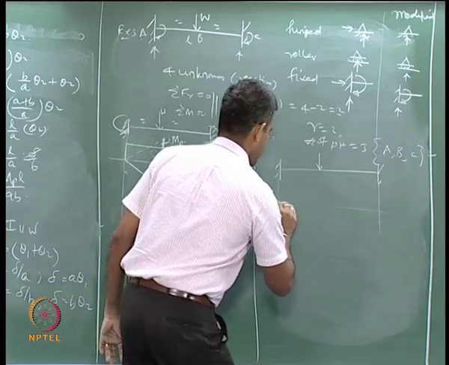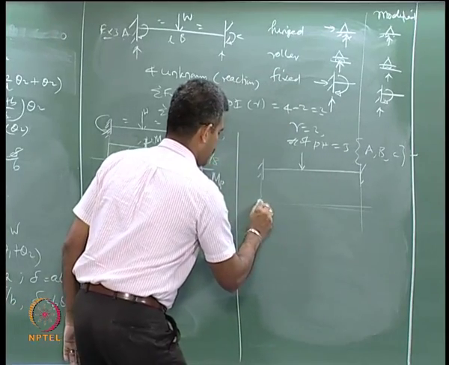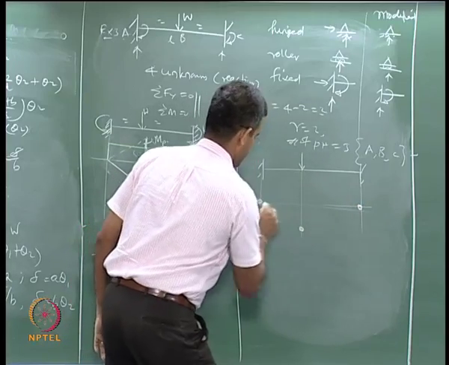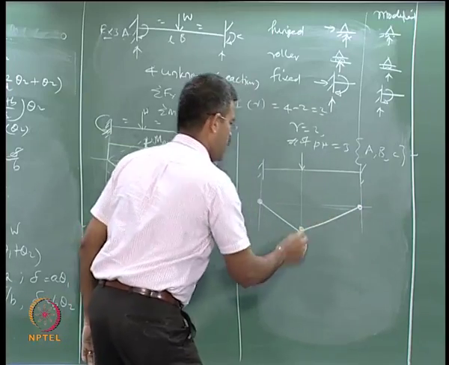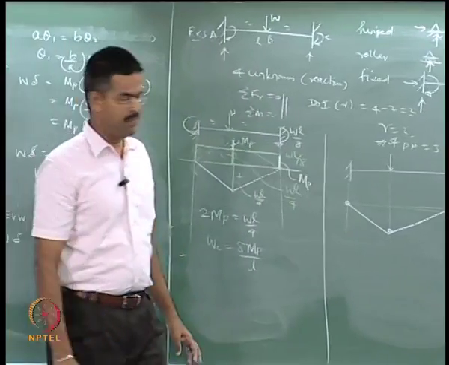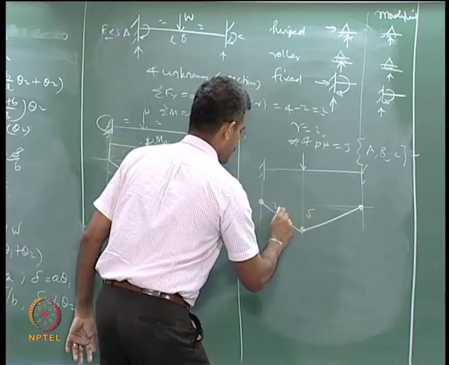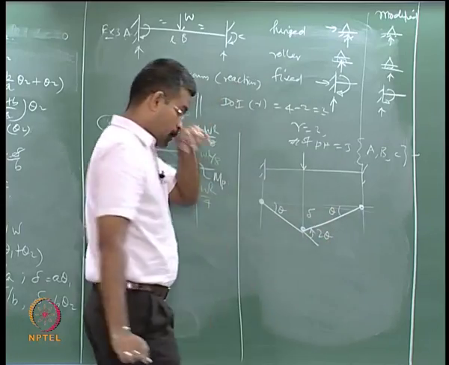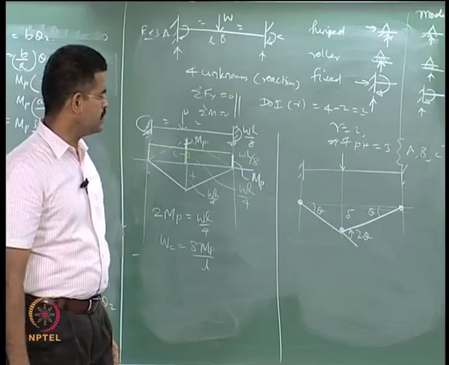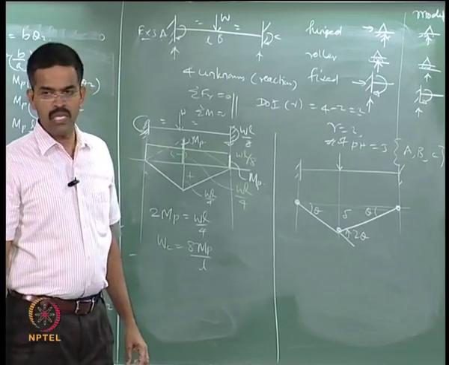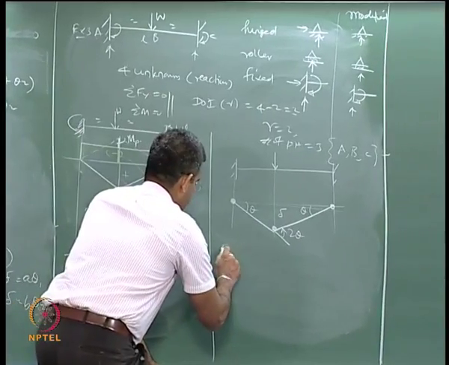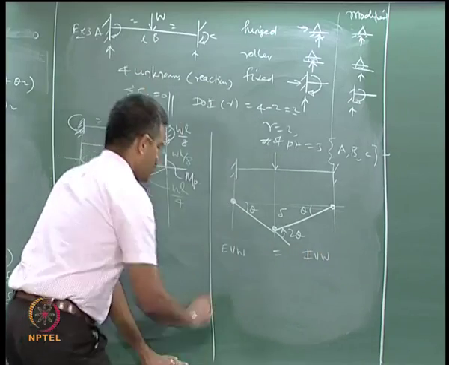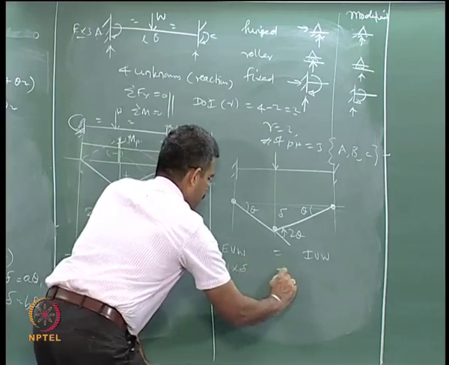The mechanism is well understood: there will be a hinge here, a hinge here and a hinge here. This is going to be my deflected profile of the beam. So, this is delta, this is theta, this is also theta. So, this is 2 theta. Agreed. Now, let us see what is the external virtual work. Nothing but W into delta.